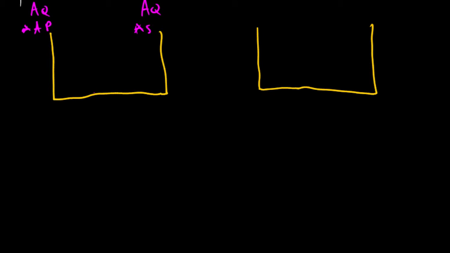So I draw two kind of prongs, and on top of the prongs I write AQ times AP, AQ times SP, AQ times SP, and SQ times SP. Now, what do these stand for?